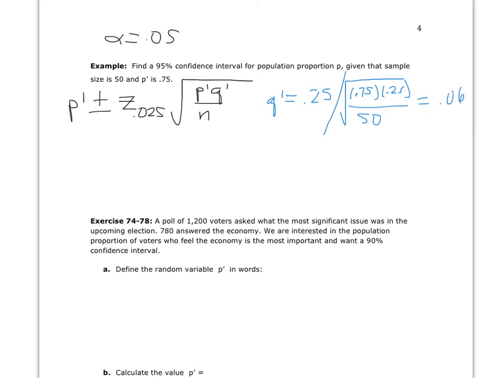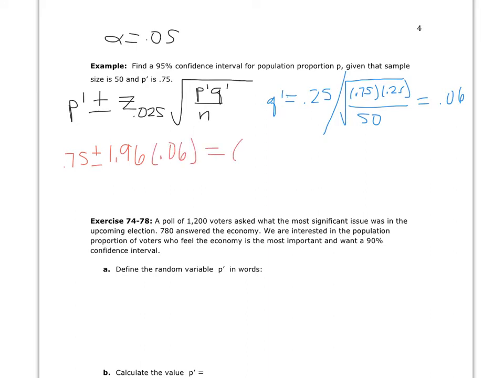Okay, so plugging values in, we get 0.75 plus or minus. When we looked at confidence intervals for population mean using the normal distribution, we found that the z-value for a 95% confidence interval is 1.96. So that's times that 0.06 that we calculated.